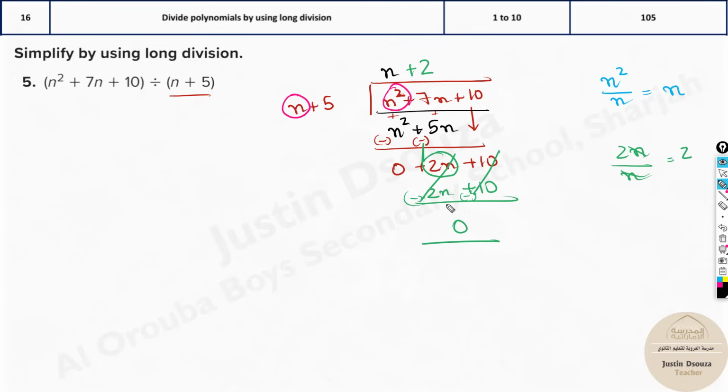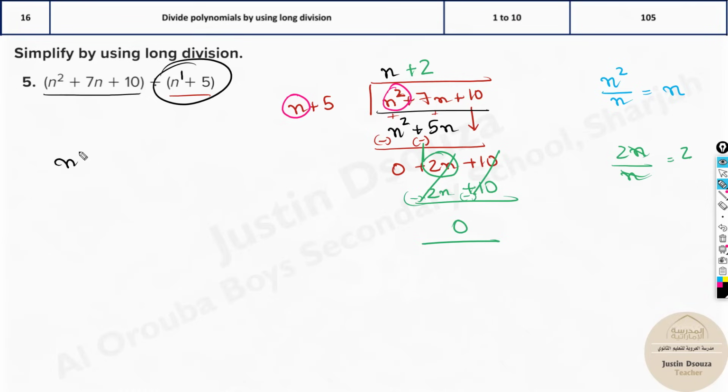Now we will do one more problem where there is a remainder in a while. But there are some things you must remember. You always start dividing with a degree 1 term. So whatever is the degree of your given question, this one is n squared, right? So remember your answer will be 1 less than this degree. So if it's n squared, this will be n.